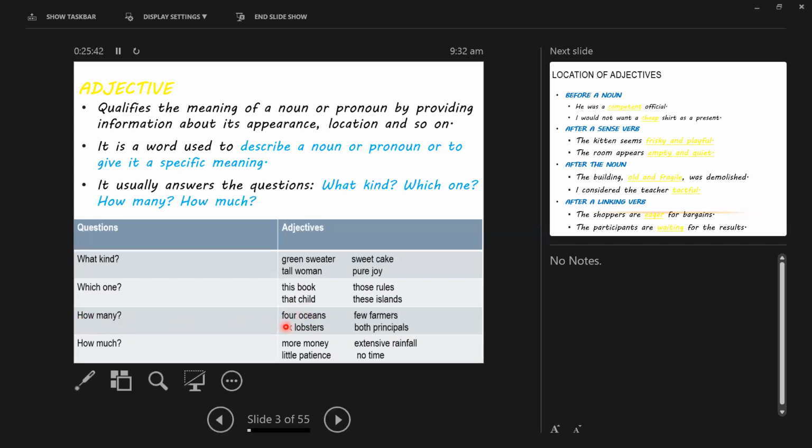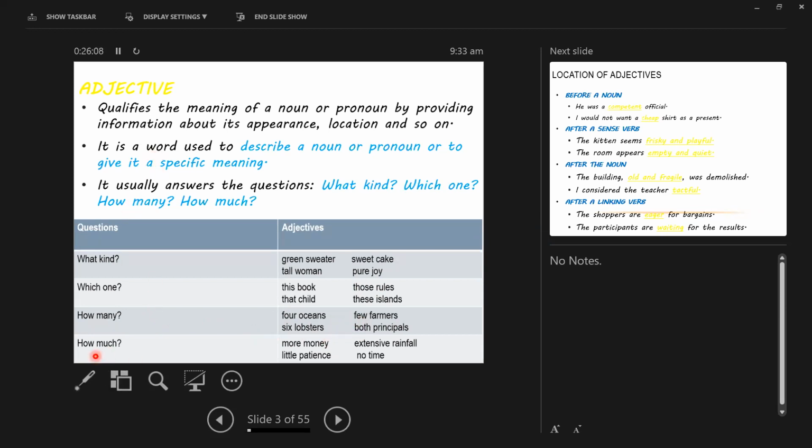And this is very common. 4 oceans, 6 lobsters, few farmers, both principals. So, merong different kinds of quantifier adjectives. So, merong countable and uncountable. So, we will be discussing that later.